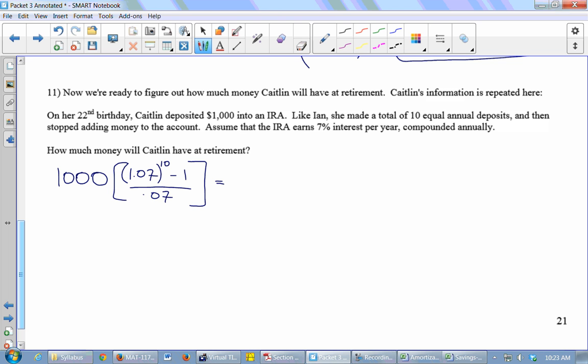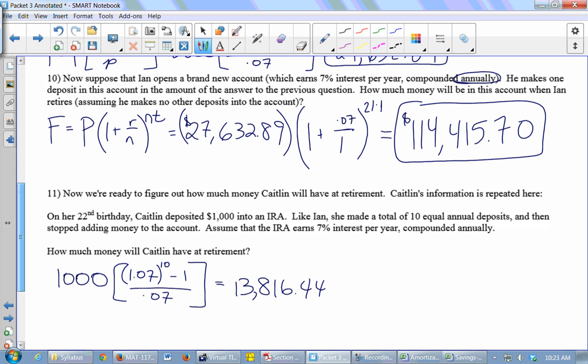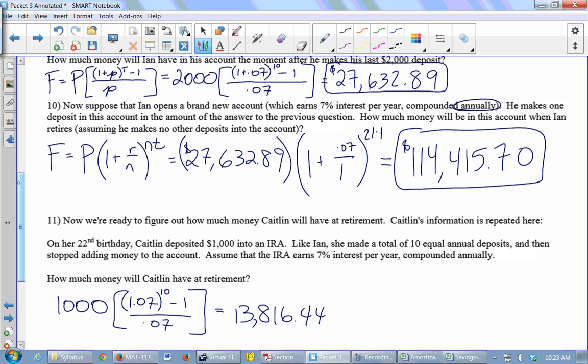And that comes out to, anybody have it? Okay, so at the end of my 10 years of investing, I have $13,816.44, which is less than half of what Ian has, right?